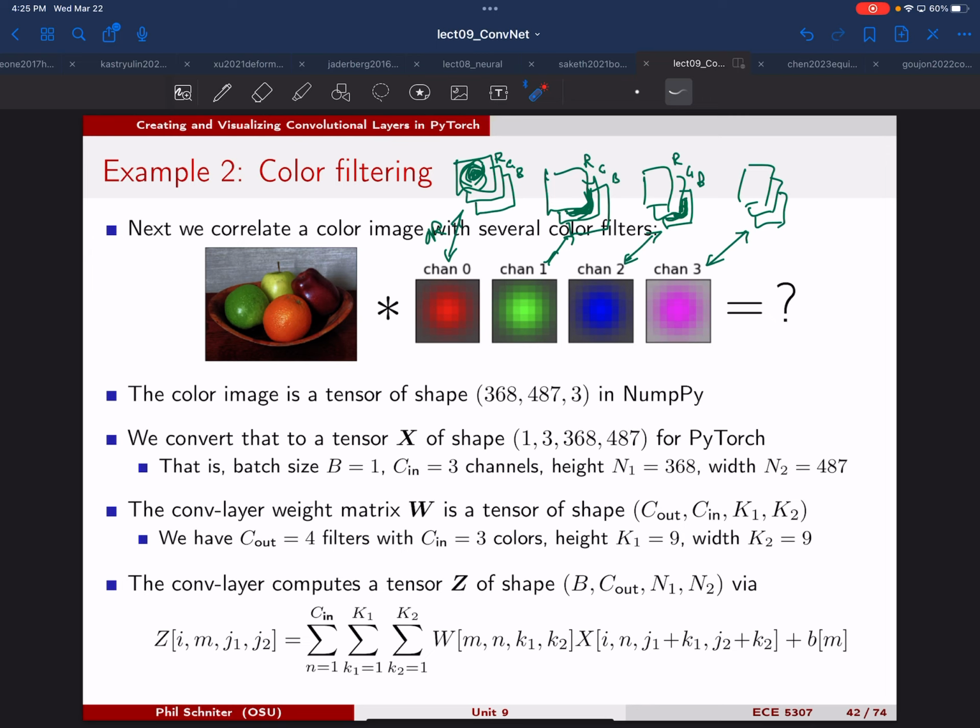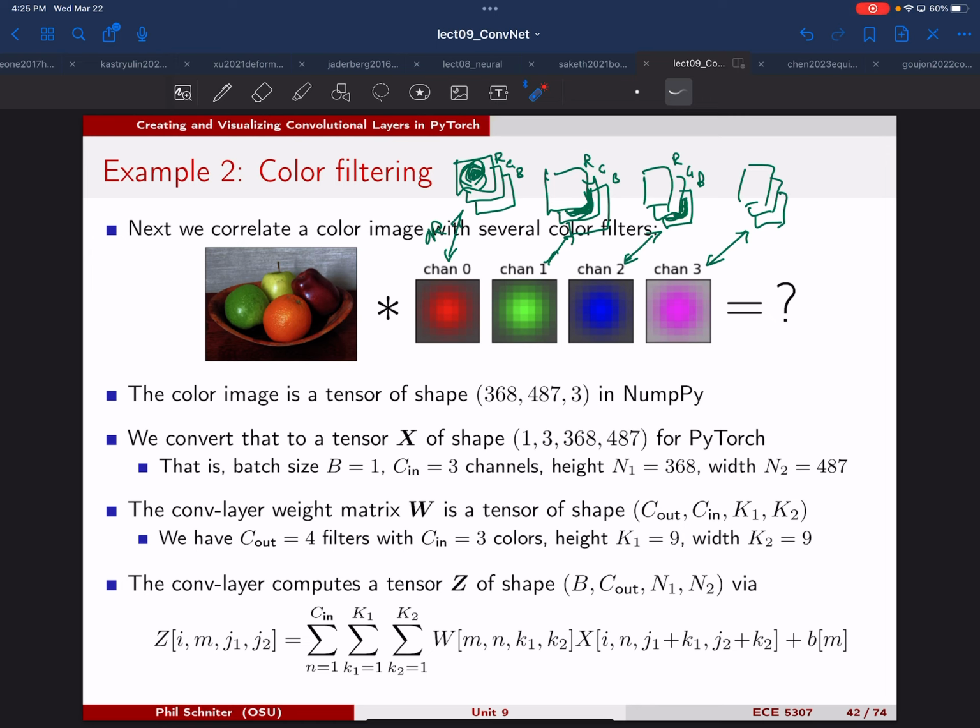In other words, let's say for this set of 3 filters, the brightness is highest in the center, and it decays in a Gaussian way as you go to the edges. But all of the pixels have exactly the same color. They're all red with the same kind of red. These are all green with the same kind of green. These are all blue with the same kind of blue, and so on.